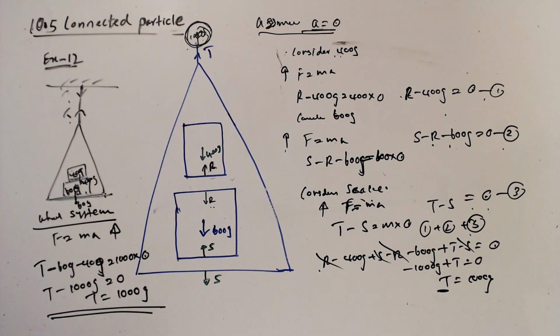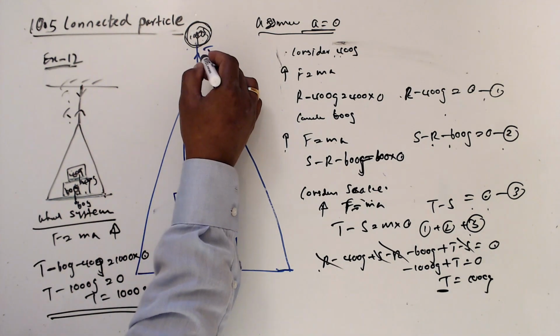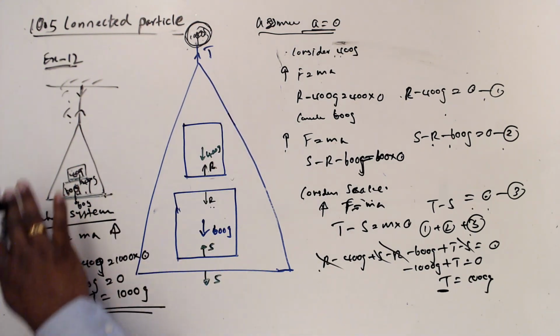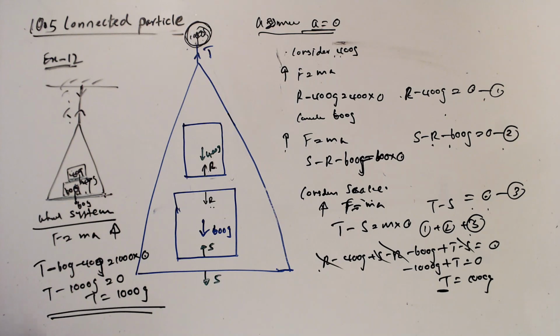So we should be smart with our experience. When you work out a lot of sums, you will get that if they need to find tension only, then you have to consider the whole system rather than separately.